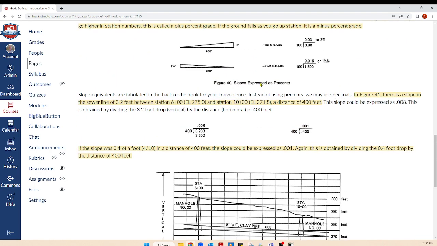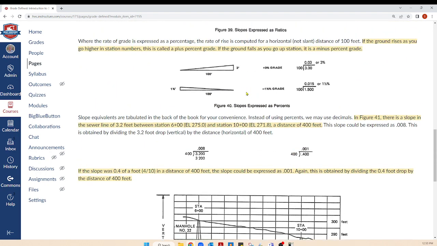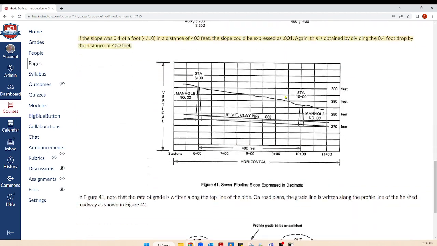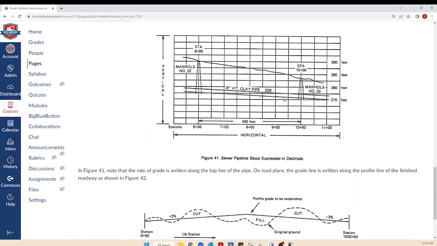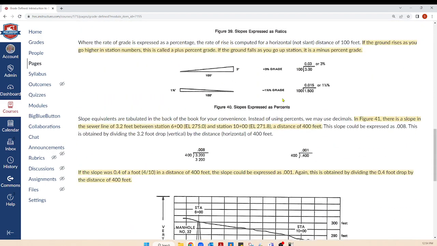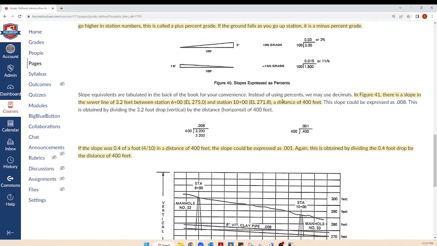So, to find the percent grade, it's not going to go through that, and that's okay. We can do that. You would divide the vertical distance by the horizontal distance.